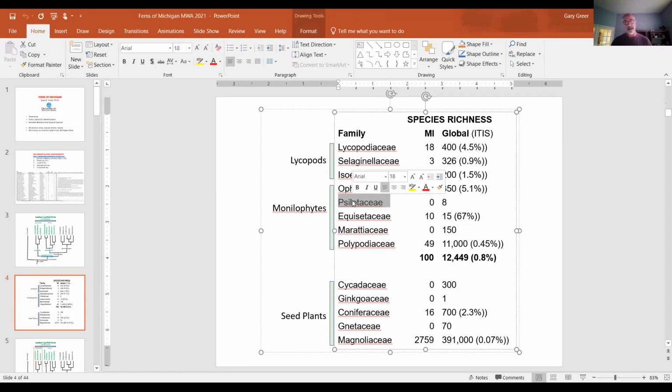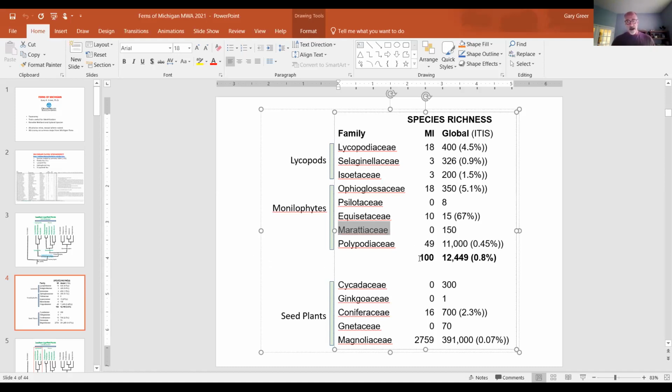In fact, they're strictly a tropical and subtropical group. And that's also true for the Cyatheales, which are also strictly tropical and subtropical. Both groups are found equatorially throughout the world, but are not found in temperate zones. So they're not in Michigan.